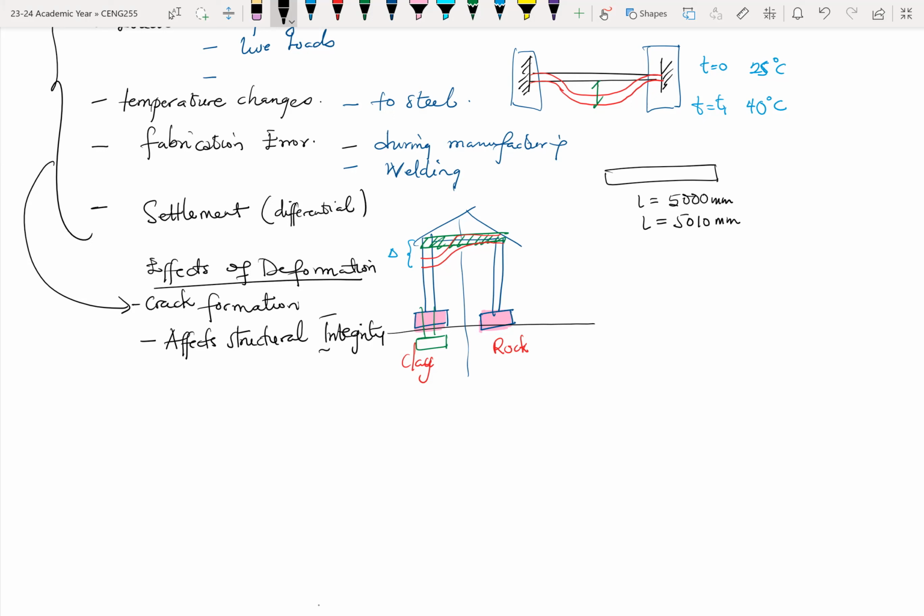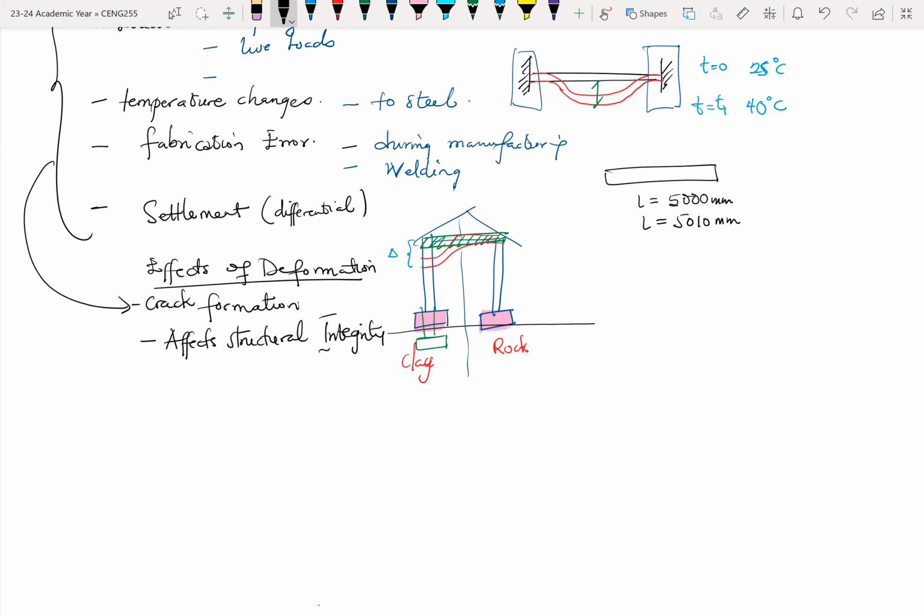I think a few weeks ago, there was this video that was circulating where a residential building just collapsed on its own. And I think it was shared across the social media platforms. One of the likely causes of such a collapse could be differential settlement.